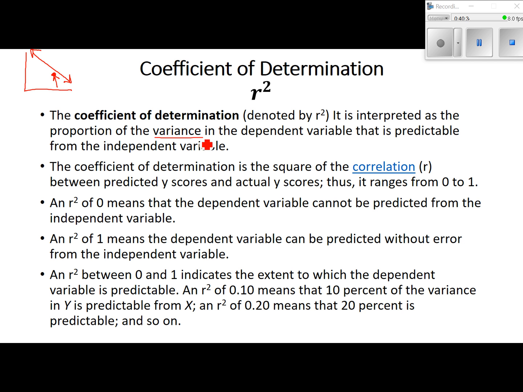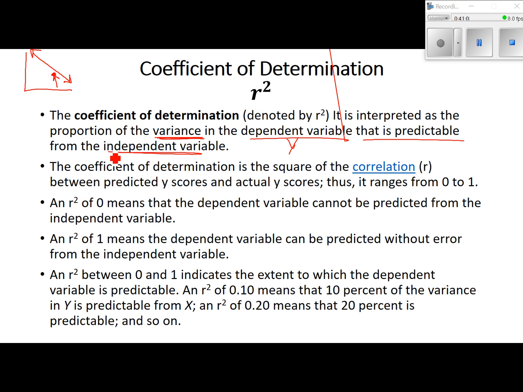So the variance, or the variation, why the y didn't fall exactly on the line like we thought it was going to. So it's the proportion of the variance of the dependent variable, your y's, that is predictable in the independent. So it's how we're coming up with an idea of why we are not falling exactly on the line.